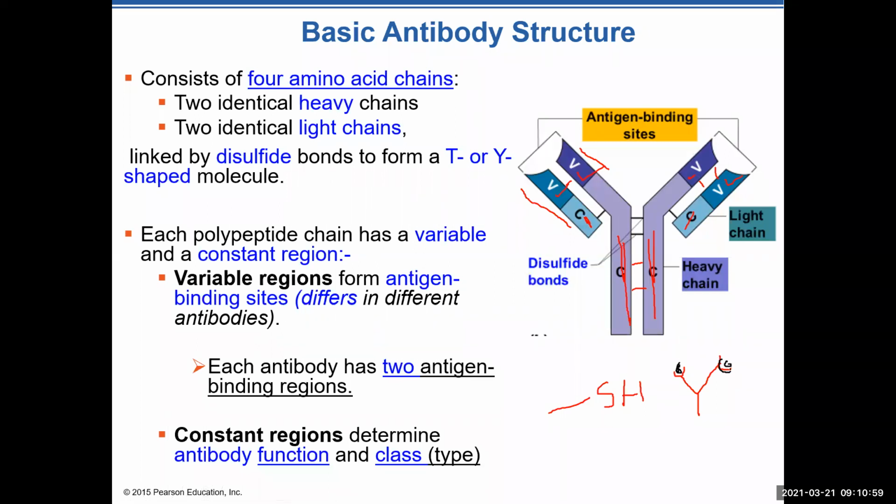This forms the variable region of the antibody, which is formed by all four variable regions of the polypeptide chains. So you can say that the variable region is an antigen binding site, and it's made in such a way that it can fit specific antigens. That is the difference between the variable region and the constant region.